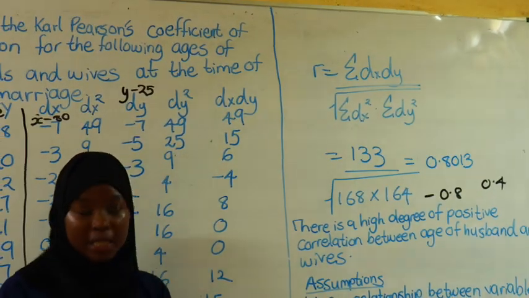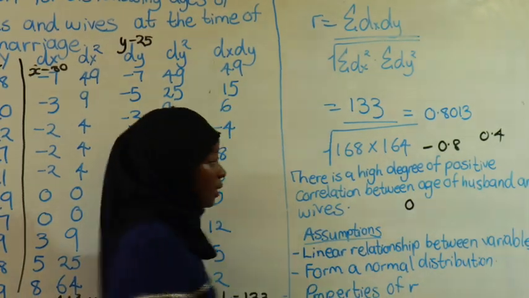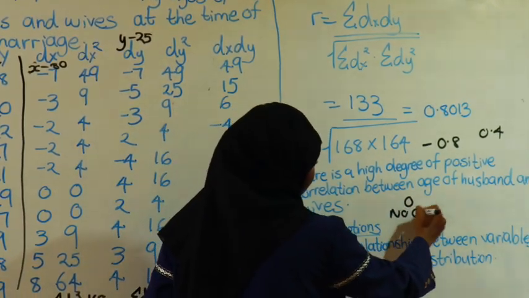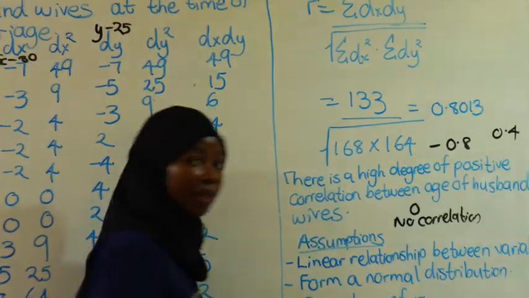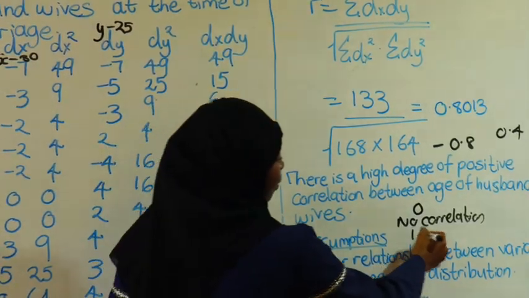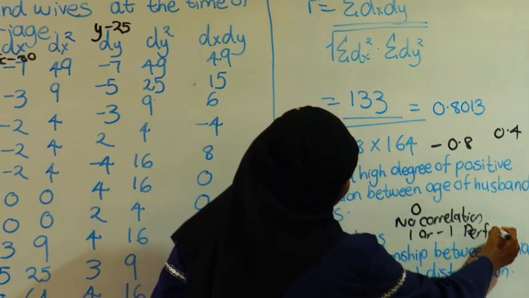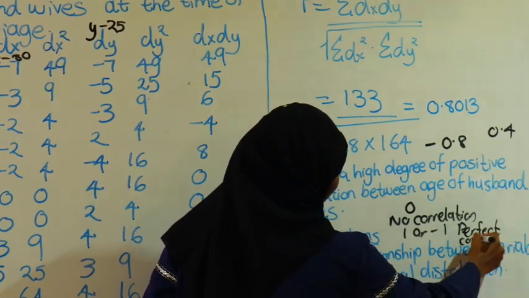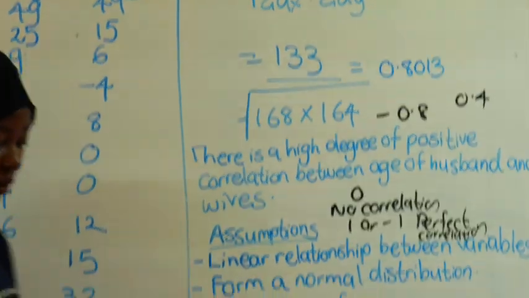If you get your answer as 0, that means there is no correlation. Or if you get your answer as 1 or -1, that means there is perfect correlation.